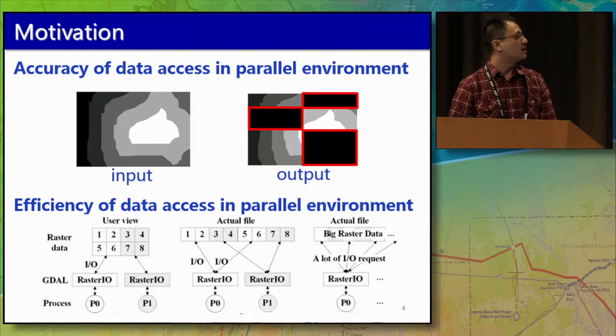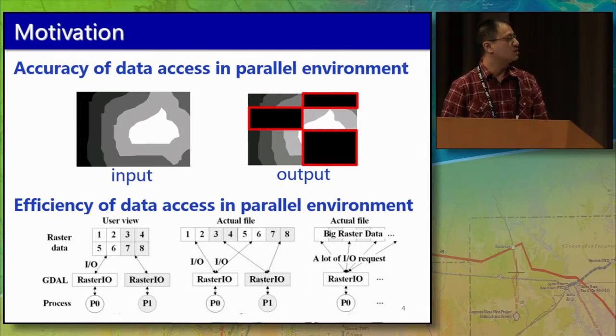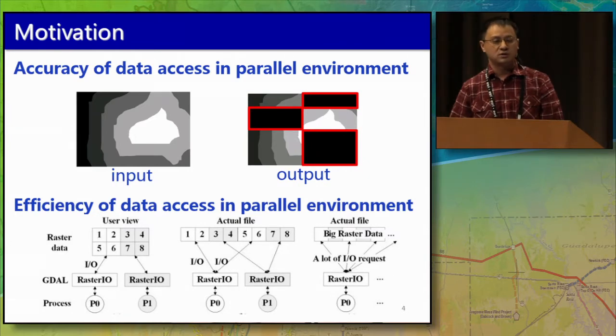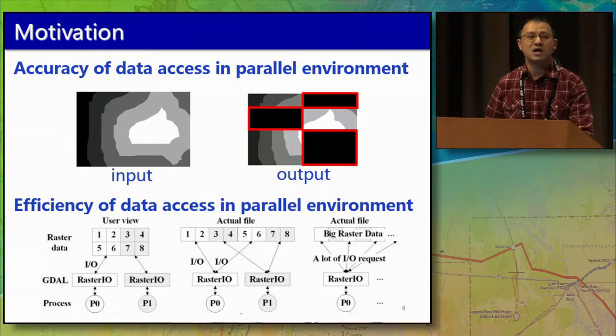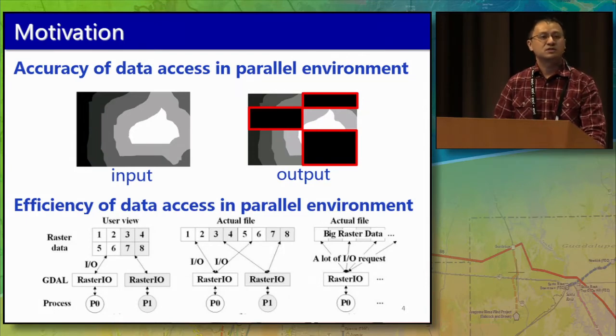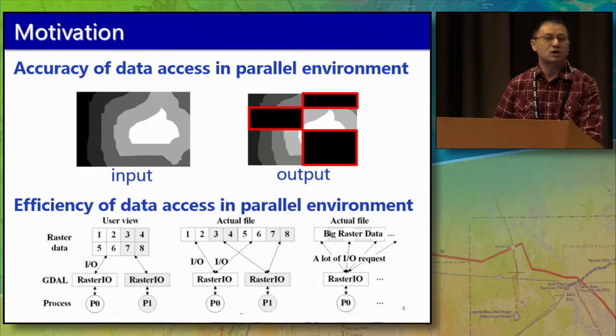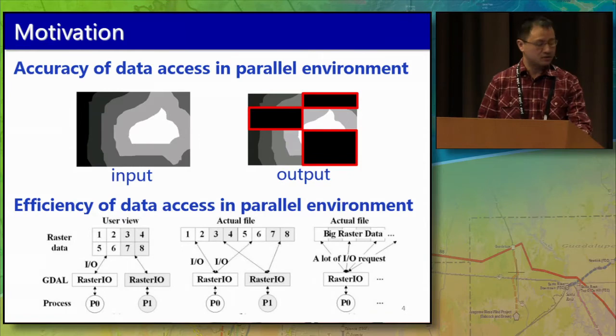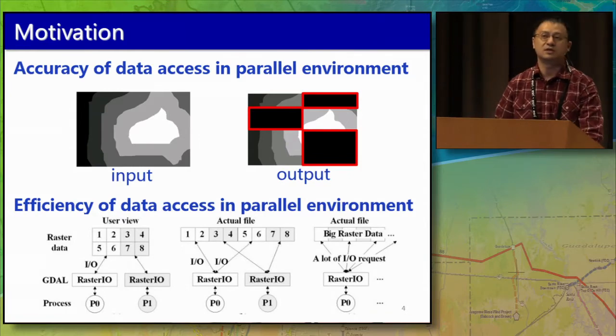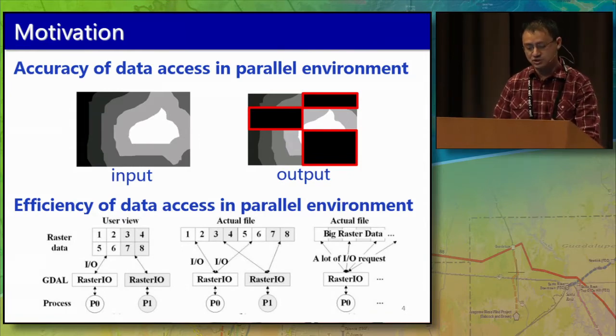So when process P0 writes and reads blocks 1, 2, then process P1 reads and writes blocks 3 and 4. This produces many small and non-continuous I/O requests to the disk, which results in poor I/O performance.